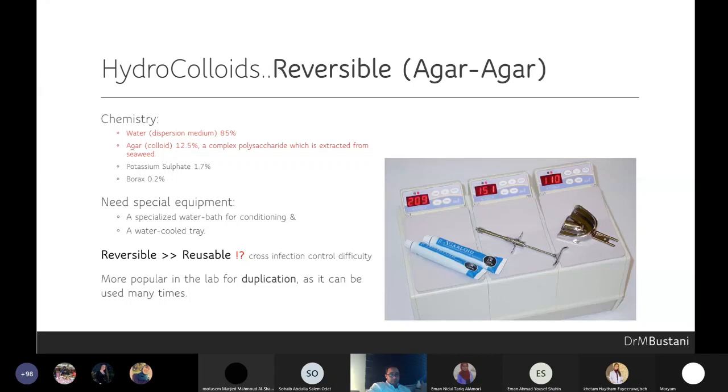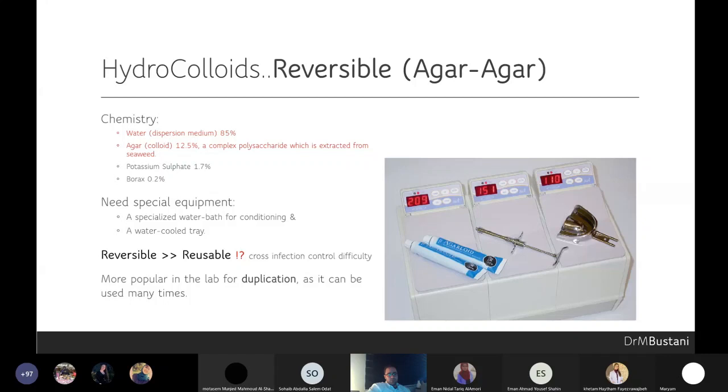Plus the fact that it's called reversible means that it can be used over and over again. But in the case of a patient, we have the cross-infection difficulty. We can't make sure that the material is sterile enough after pouring the first impression and then melting the impression material back again.